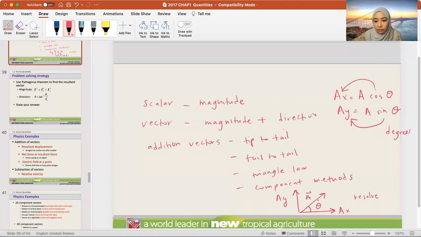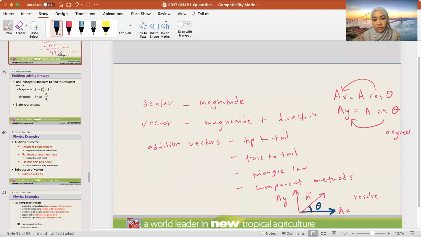So when I resolve my vector A with this angle, okay, when I have an angle, I'm resolving Ax and Ax is touching the angle. Okay, this is something important. I have an angle, right?